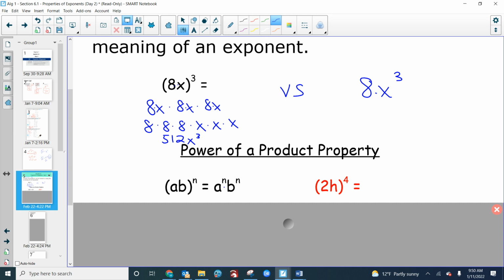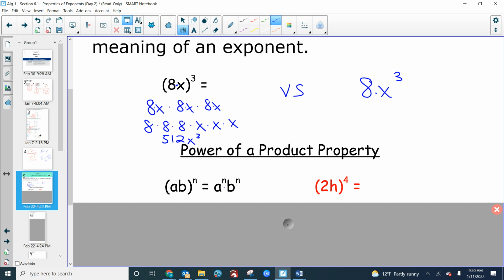We realized that. A times b to the n is a to the n times b to the n. That's it. You can raise each one to that exponent. Only if it's a product. If it's addition or subtraction, we'll have to talk about that later. We'll save that for later.